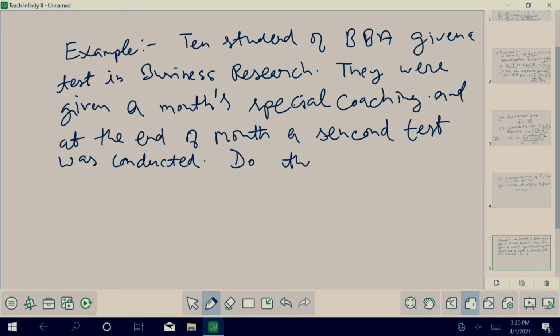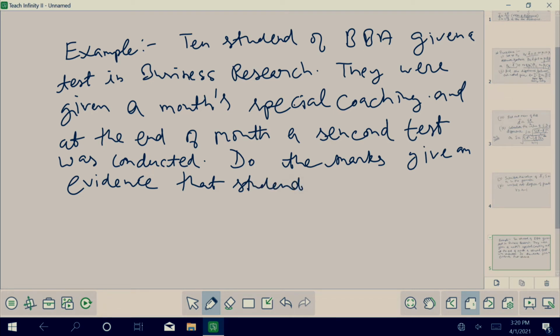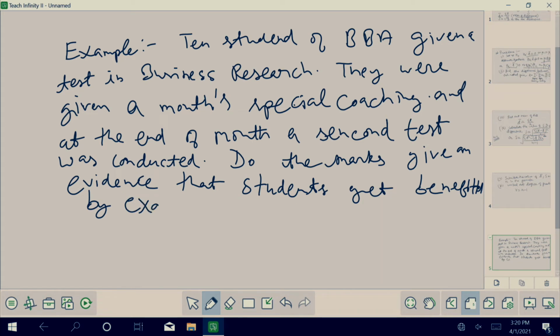So we have to check, do the marks give evidence that students got benefited by extra or special coaching.